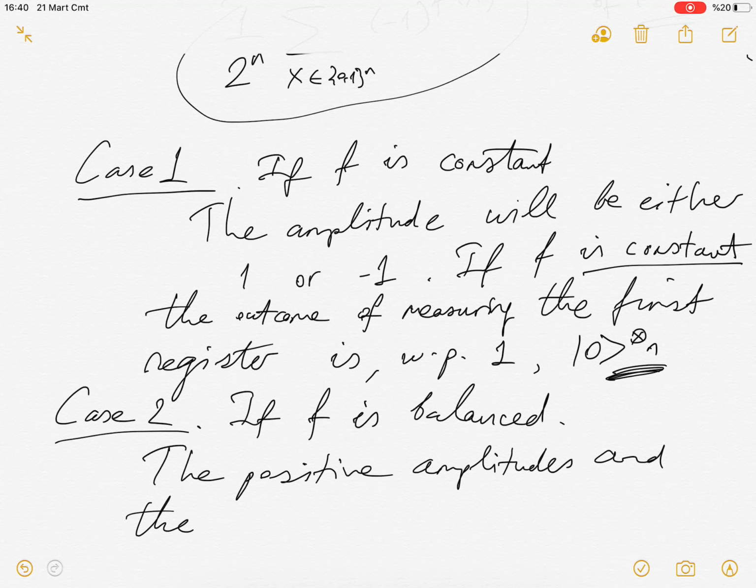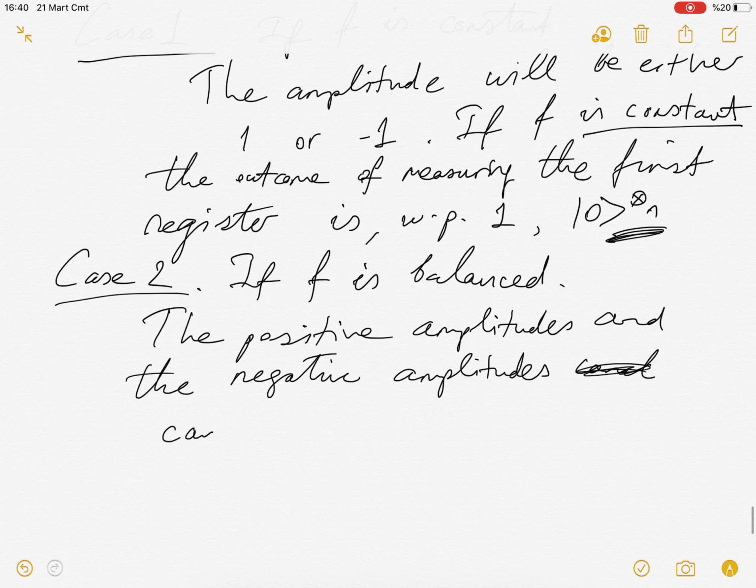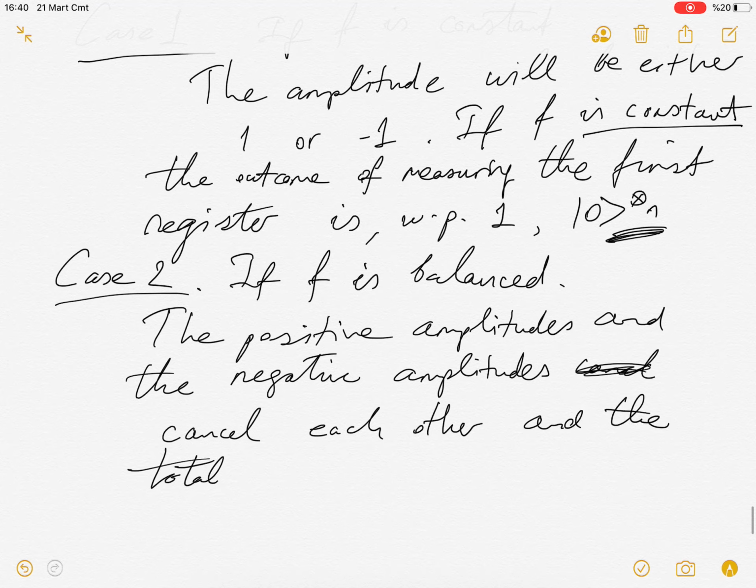The positive and negative amplitudes cancel each other, and the total amplitude of the all zero state is basically 0.